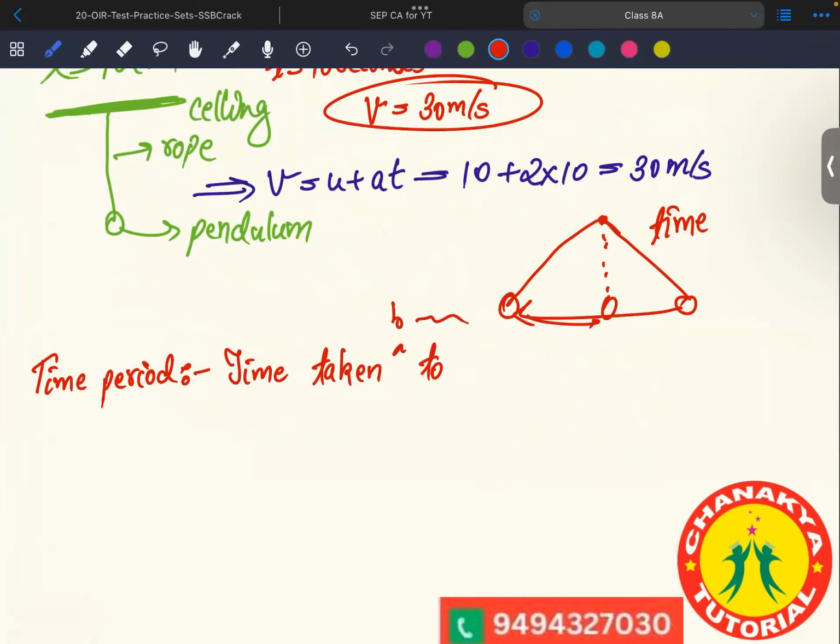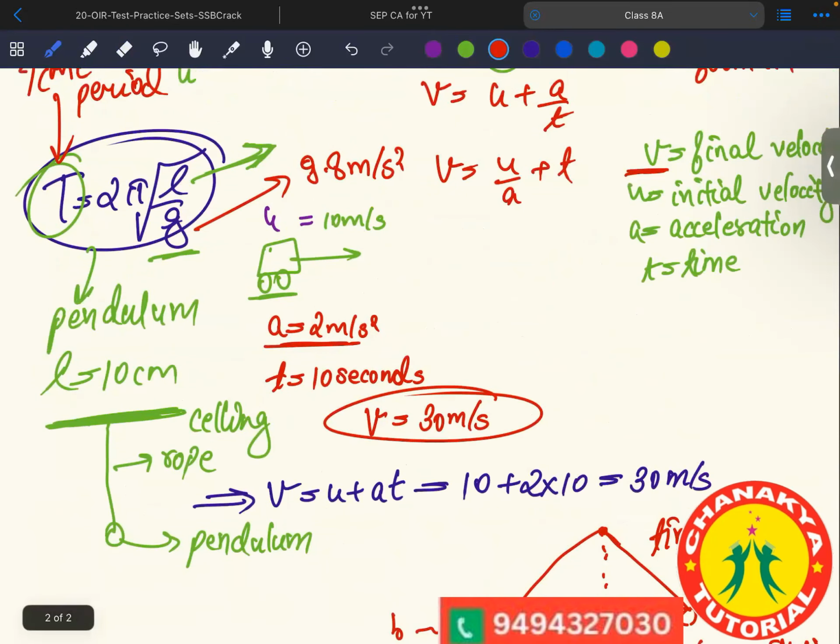Yes, you can write that. Okay, so that is the time taken by the pendulum to complete one oscillation. One full oscillation, like Karthik is saying. So this is what time period is.